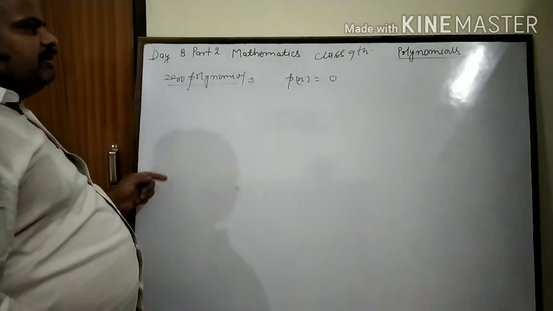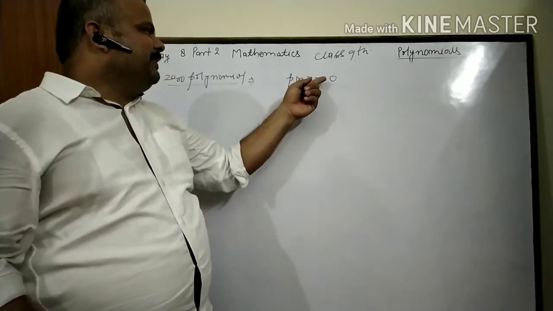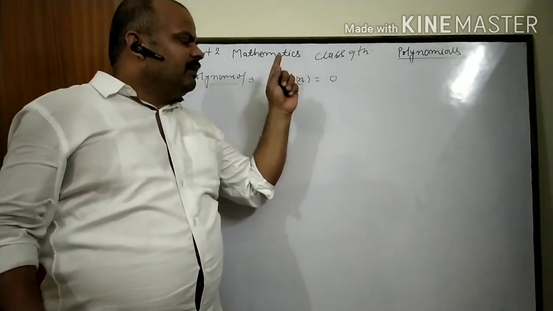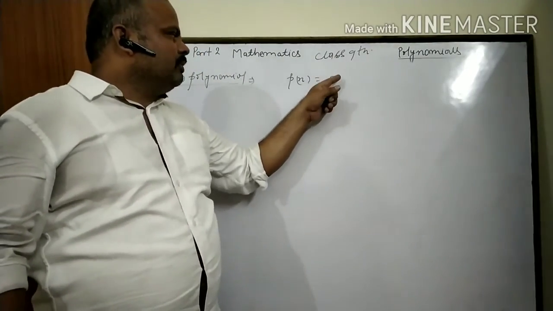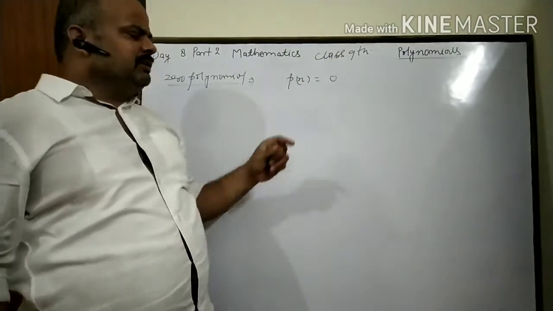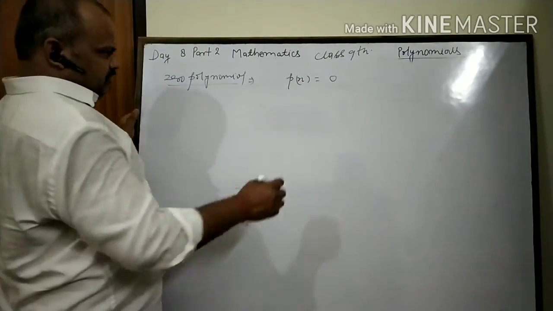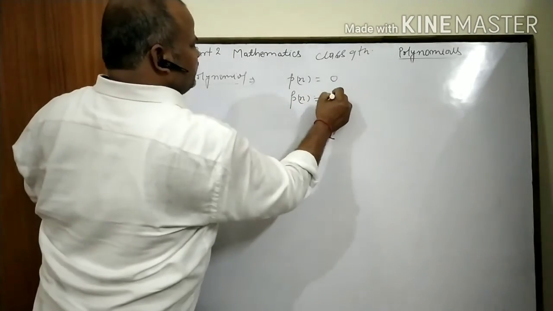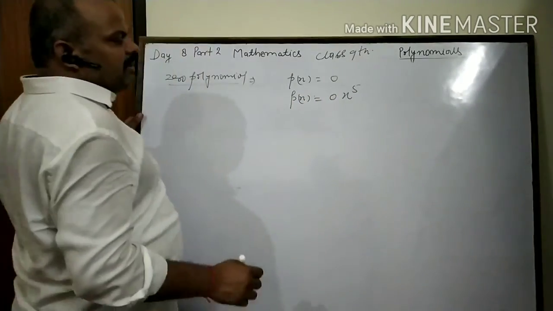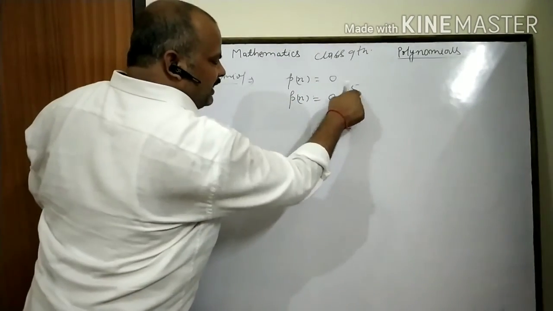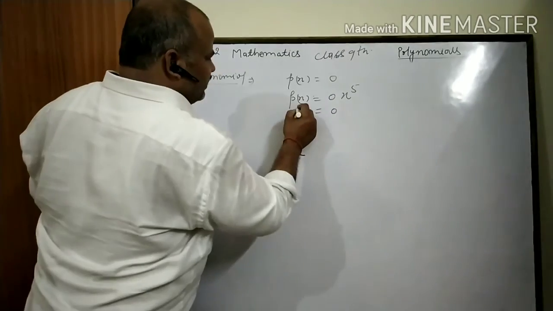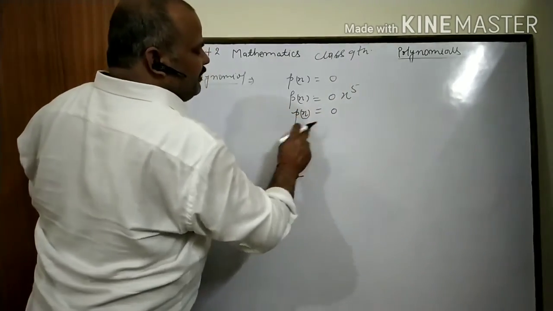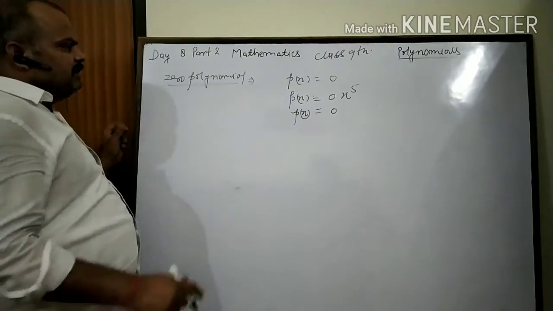It's called the zero polynomial. Clear? It means there is no real number other than 0. Here 0 is the real number, like here px is equal to 0x to the power 5. You know that if 0 multiplies with this, then we have 0. Then if in any polynomial the value is 0, it is called a zero polynomial.